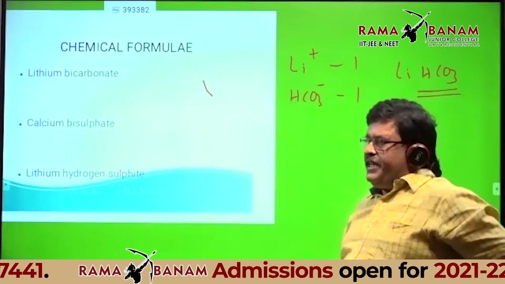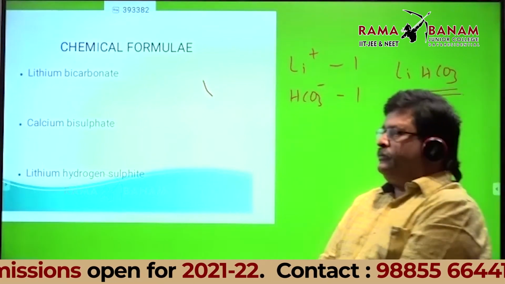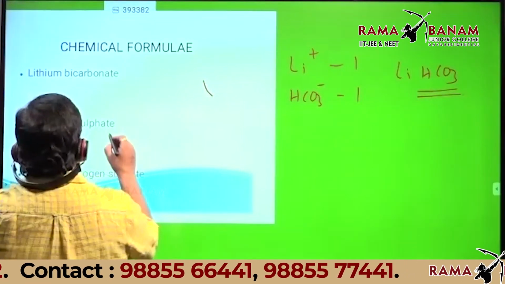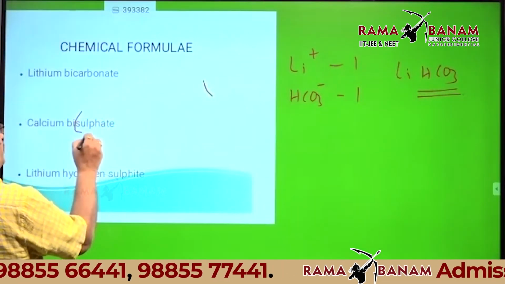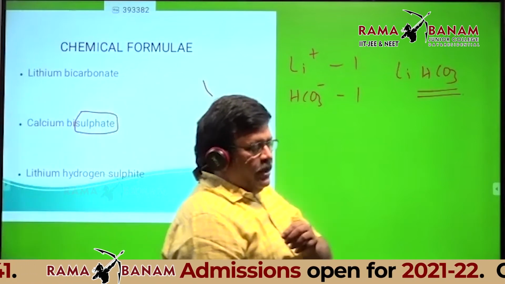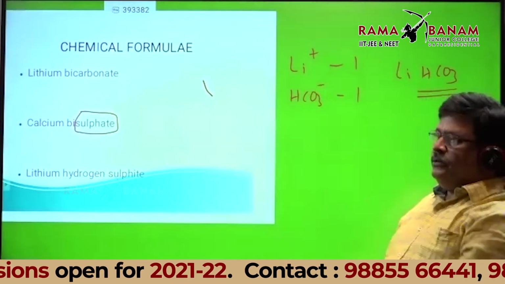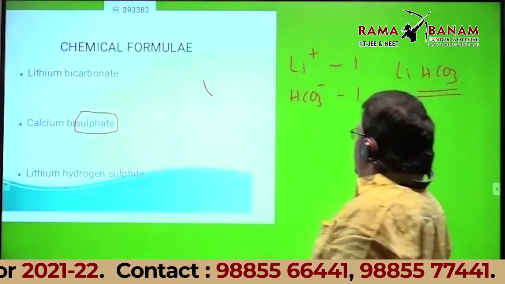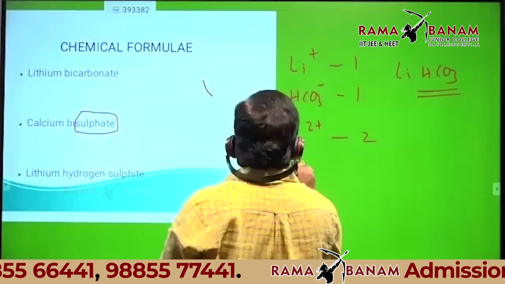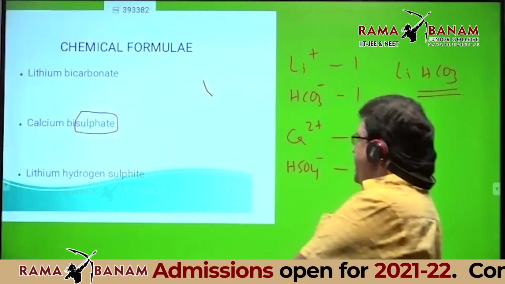Then, can anyone tell the second one? Ca(HSO4)2. Bisulfate, students, you should take care about this. Sulfate or sulfide? Sulfate. Calcium is Ca2 plus, valence is 2. Bisulfate or hydrogen sulfate, both are same.